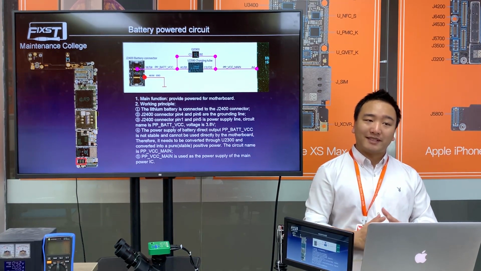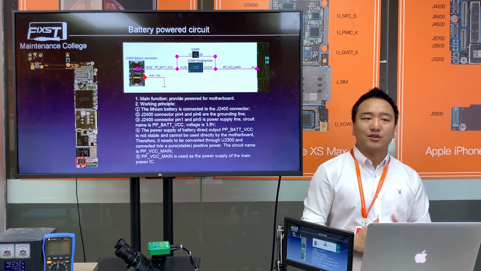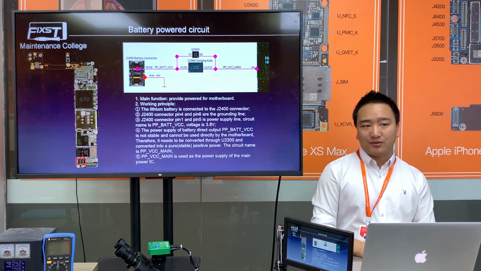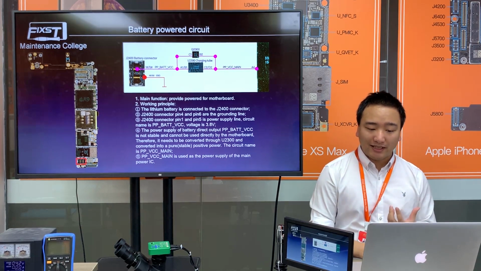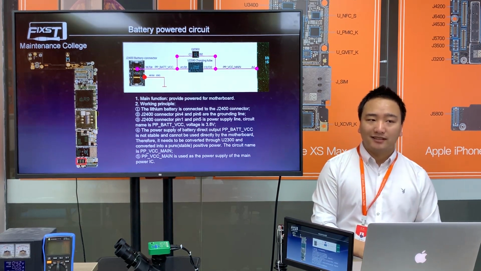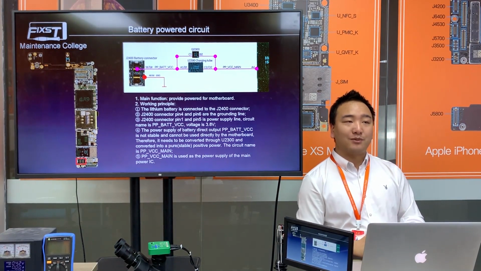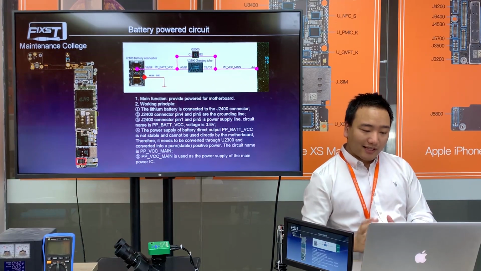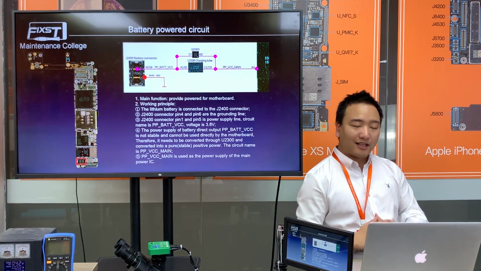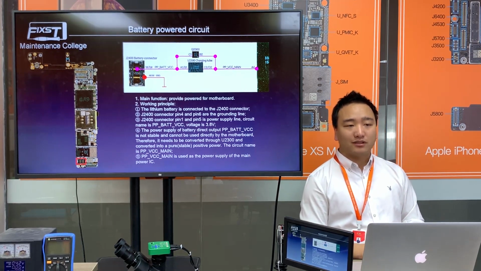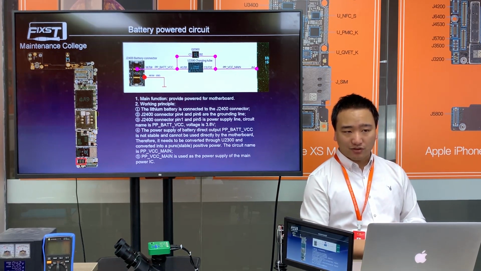At first, it is sent to the U2300, the charging IC, and the Q2300, the splitter. After it goes through these two ICs, it is converted to a new level of power. This power is named PP-VCC-MAIN, and this level of power is sent to the PMU, the main power IC. What does this mean?